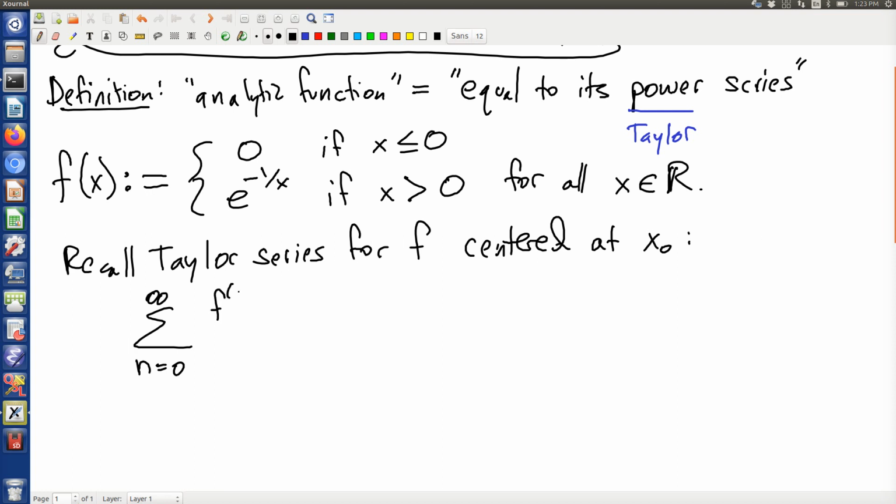I take n derivatives at x naught, divide by n factorial, that's the coefficient, and then the series power looks like that.